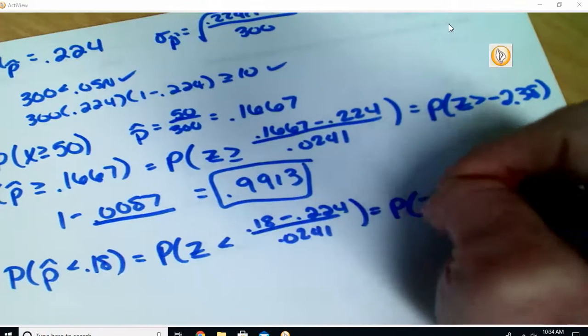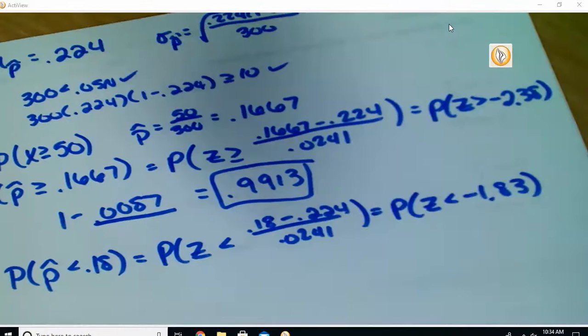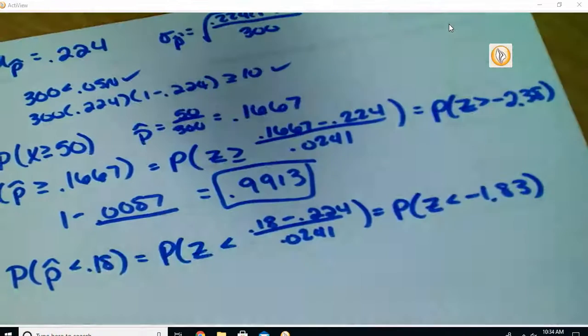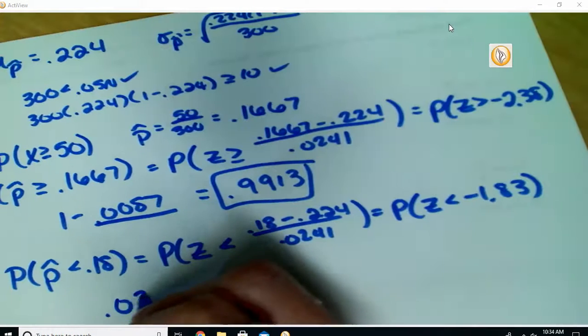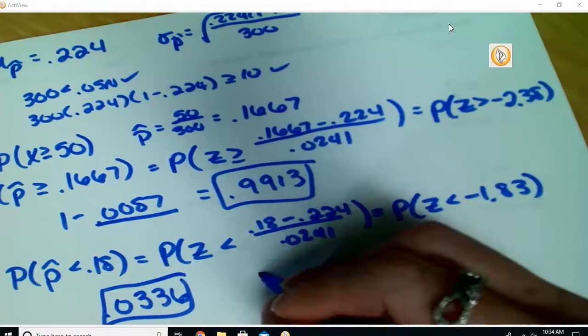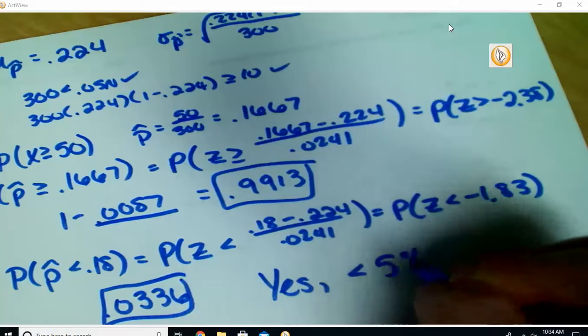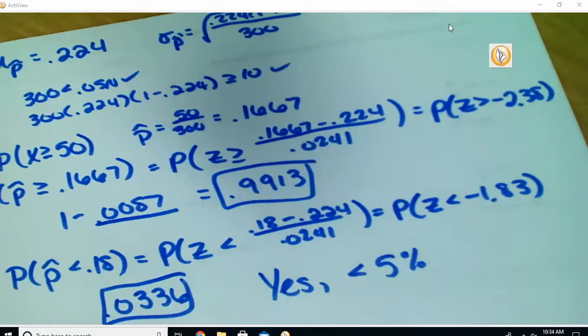That's probability that z is less than negative 1.83. So less than, remember the table does give you everything less than, so we're just going to the table. Negative 1.83 is 0.0336. So is that unusual? Yes. It's less than 5%, so it's unusual.